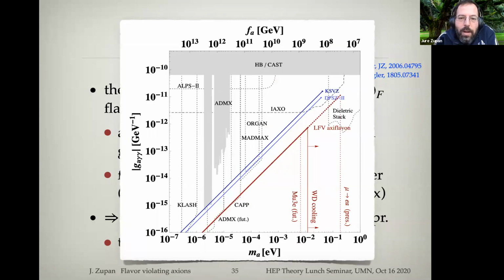So you see that this grayed out stuff is the searches for the axions, right? And then where the Mu2E present is worse than the white dwarf cooling, which is this red stuff. I see. But you have quite a good shot at pushing above this.